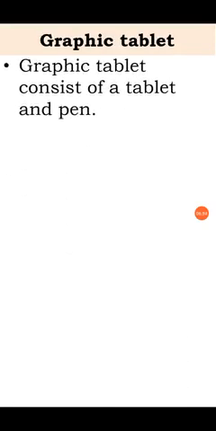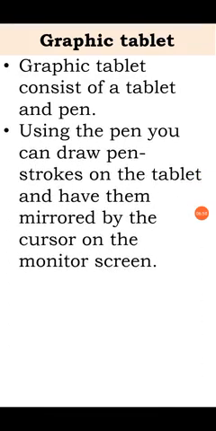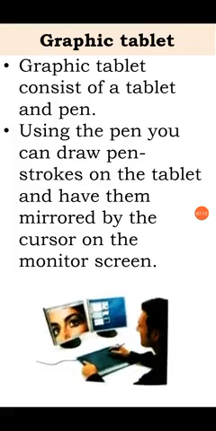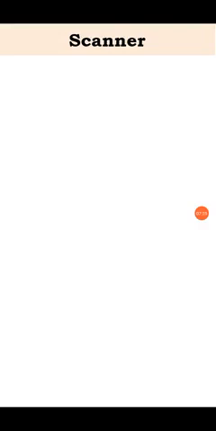Next, graphic tablet. Graphic tablet consists of a tablet and pen. Using the pen, you can draw pen strokes on the tablet and have them mirrored by the cursor on the monitor screen. Graphic tablets are usually used for designing purposes. Next, scanner.